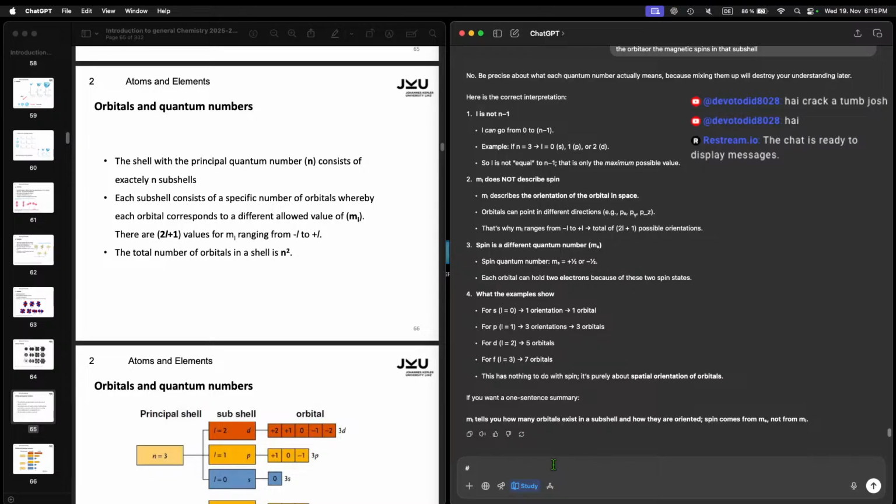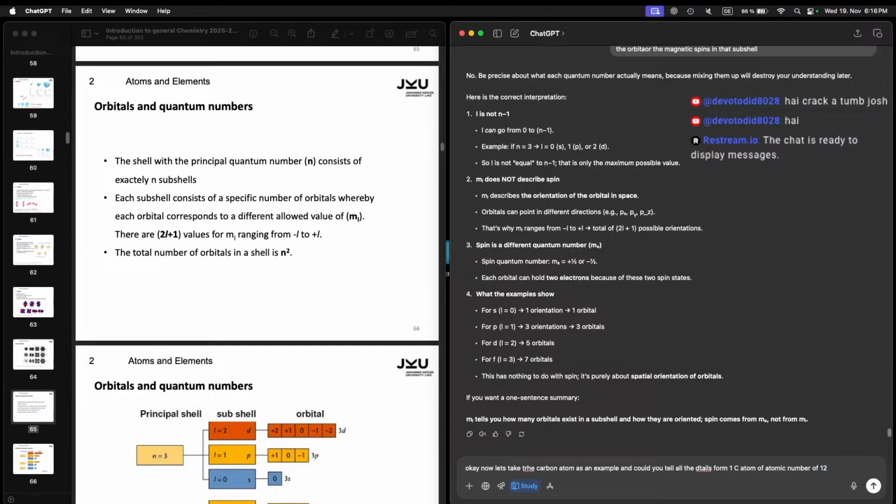What do the examples show? Okay. Now let's take the carbon atom as an example, and could you tell me all the details for one carbon atom of atomic number 12?